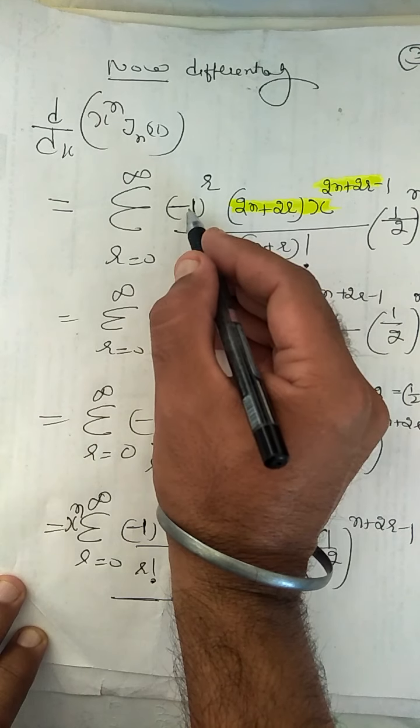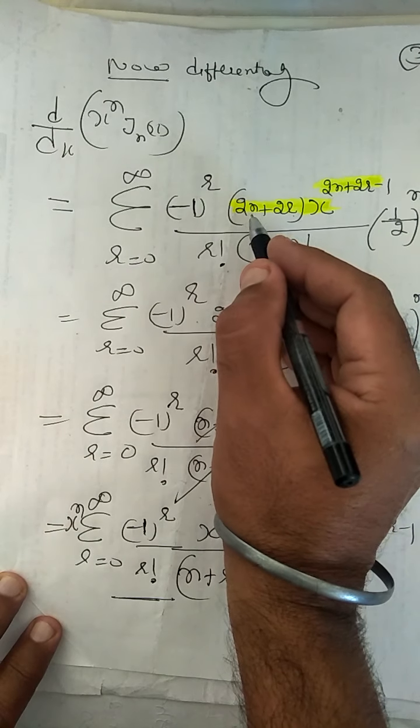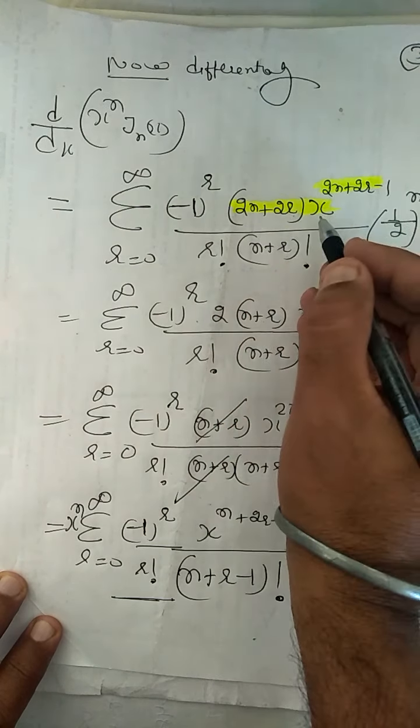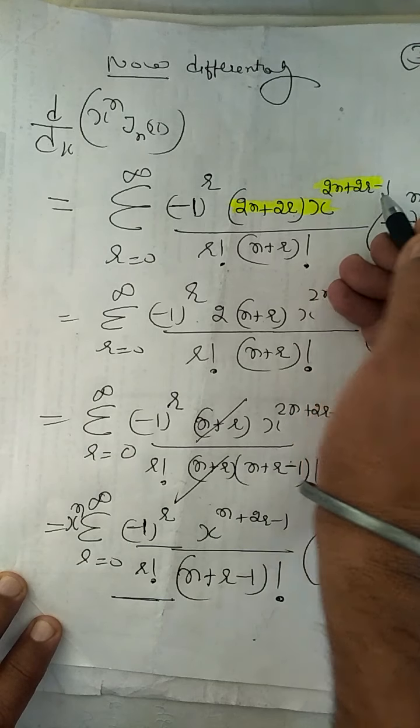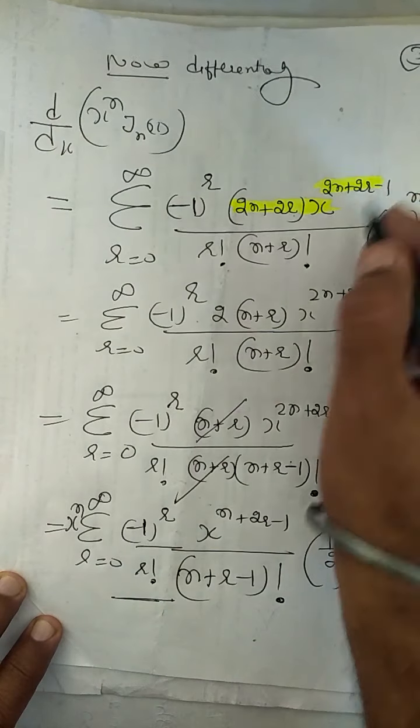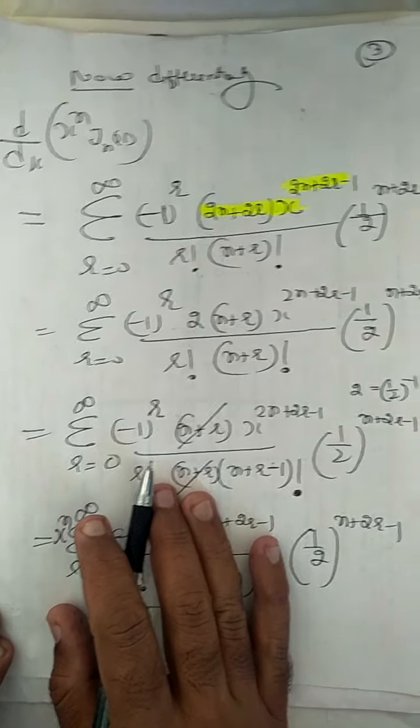So this is the differentiation. Minus 1 raised to the power r remains the same. 2n plus 2r comes down, x raised to the power 2n plus 2r minus 1. Everything else will remain the same.